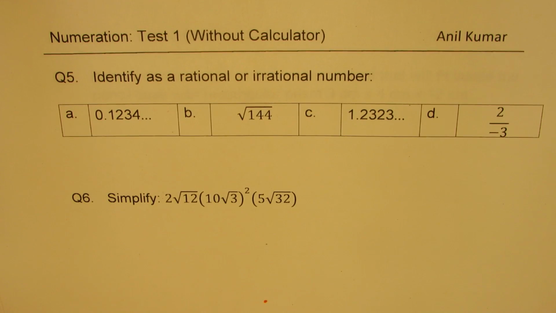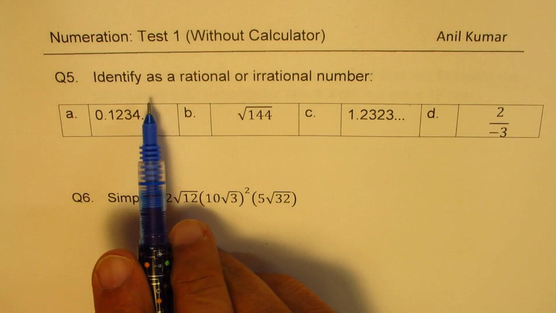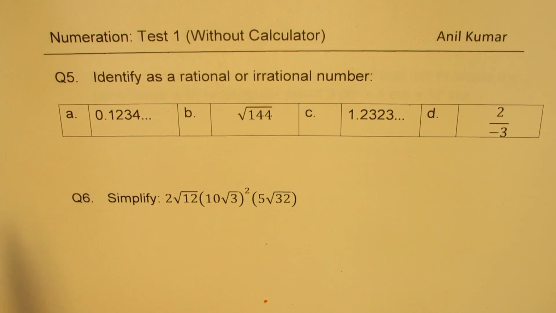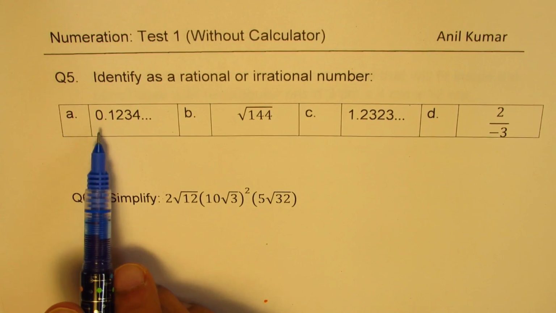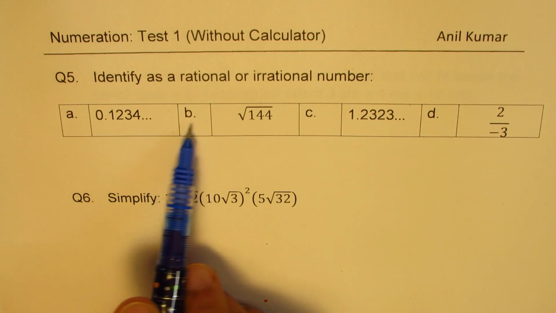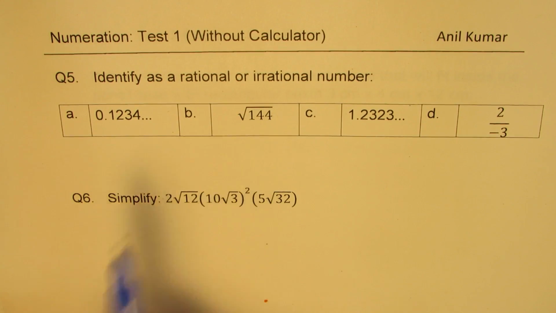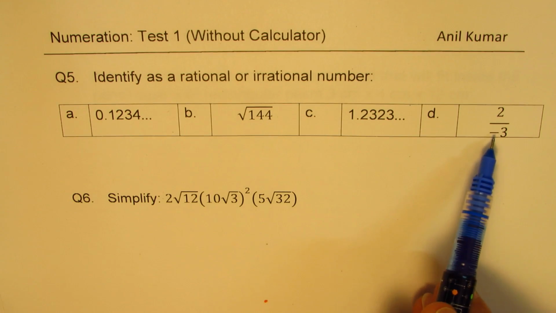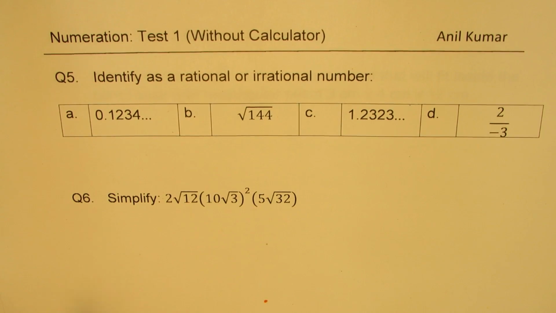Question number 5. Identify as rational or irrational numbers. So we have A 0.1234 and so on, B square root of 144, C is 1.2323 and D is minus 2 over 3. Now which one of these are rational numbers?